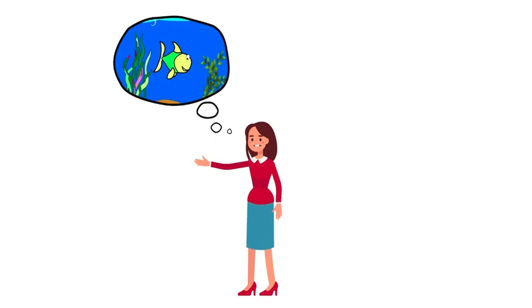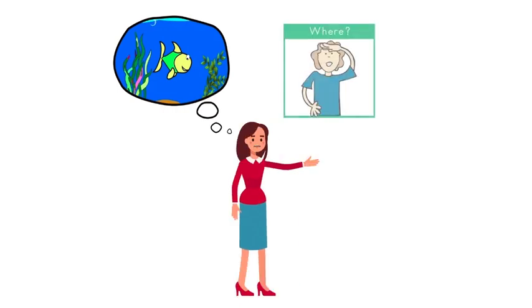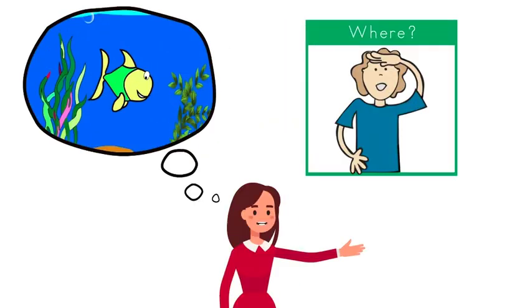A fish swam. The idea shows a fish was swimming, but it also shows where a fish swam. Look, here is the where kid. The where kid always asks the where question about an idea. Where was the fish swimming?